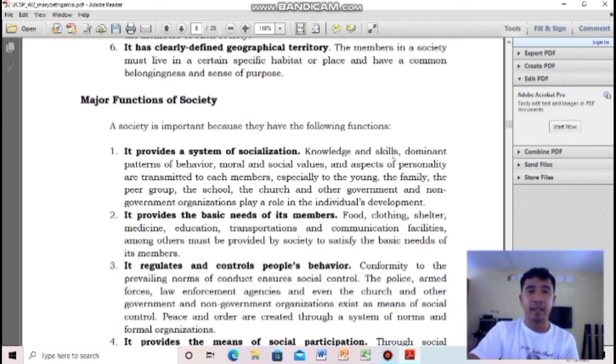Knowledge and skills, dominant patterns of behavior, moral and social values and aspects of personality are transmitted to each member, especially to the young. The family, the peer group, the school, the church, and other government and non-government organizations play a role in individuals' development.